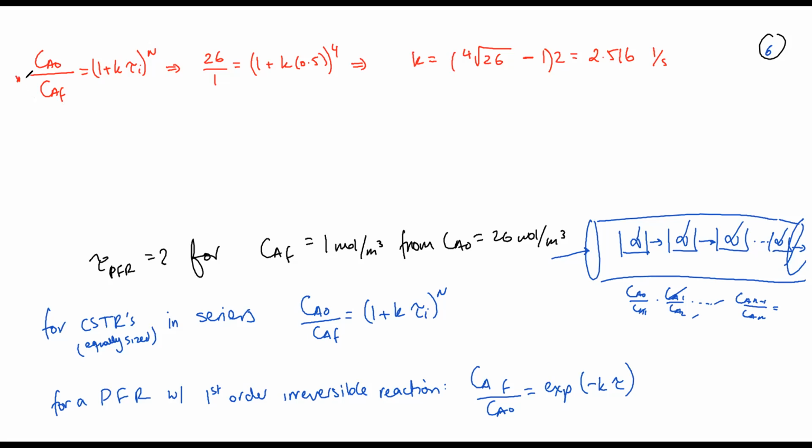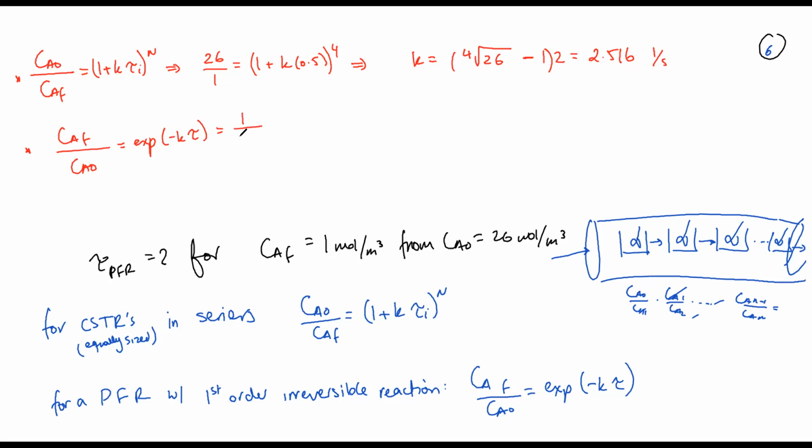Okay, so I used the first equation to get K, so now let me use the second equation, CAF over CA0, is equal to exponential minus K tau, and CAF was 1.